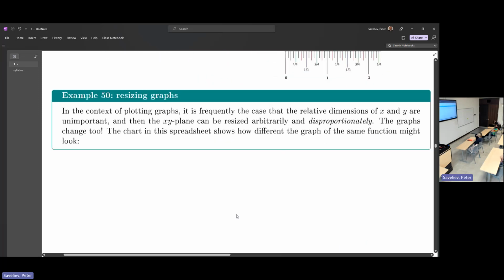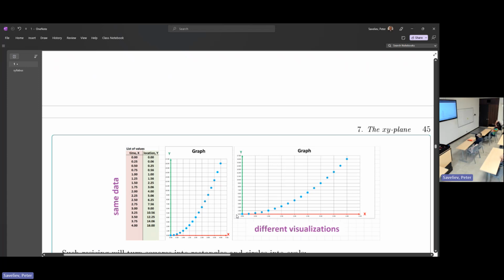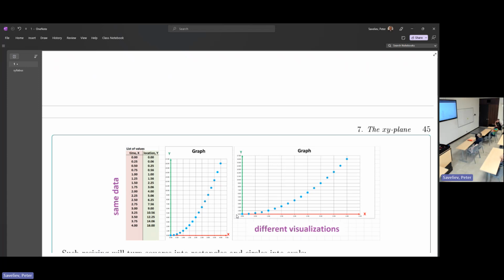Okay, so resizing graphs. Once again, if you go to Excel and plot it, something to keep in mind is you can easily rescale it. That's when you have two axes unrelated to each other, the quantities being maybe time and space. I can stretch it. What does it do to the data? The data remains the same.